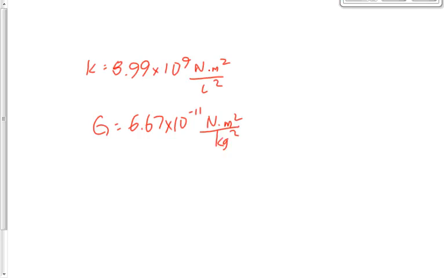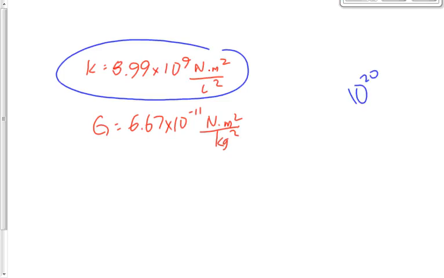You see that the new one we just learned yesterday, Coulomb's constant, is way bigger than the gravitational constant, like 10 to the 20 times bigger. 10 to the 9, 10 to the minus 11, it's 10 to the 20 times bigger.